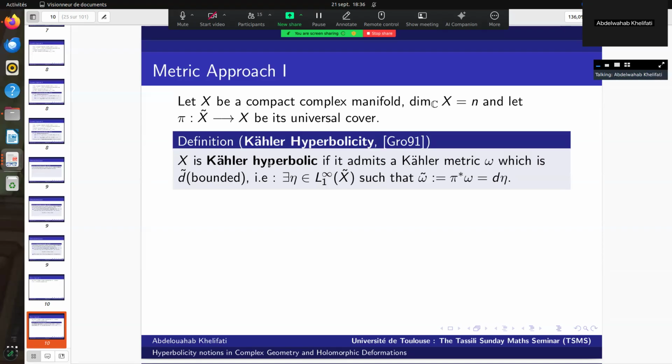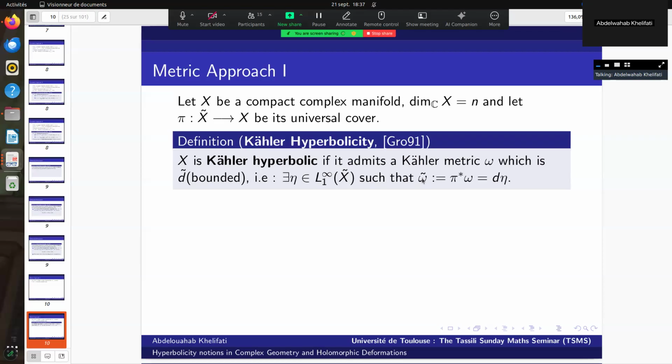X is Kähler hyperbolic if it admits a Kähler metric which is d-tilde bounded, which means it's not only exact: you take the Kähler metric, pull it back to the universal cover, and it's exact and has a bounded primitive form. This is what he calls Kähler hyperbolicity, and with a simple argument, raising this to the power of n, you can see that it is open at infinity in the previous definition.